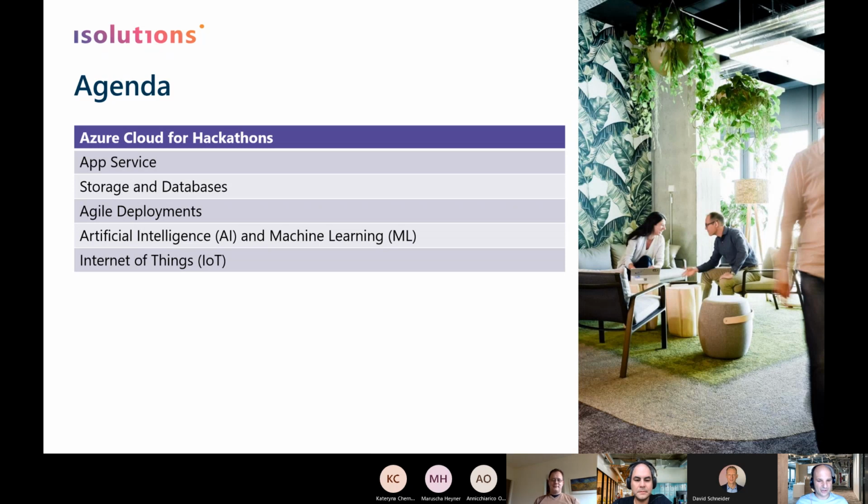Then with Azure, there is a huge value proposition in reusing artificial intelligence and machine learning in your solutions, and I will show you how you can quickly use it in your applications. And then there is a whole spectrum of Internet of Things, which is also an emerging field where many new solutions and new propositions are being created. And Azure also has a lot of offering around this space. So welcome to the journey. Buckle your seatbelts and prepare for a quick journey over Azure for hackathon members.